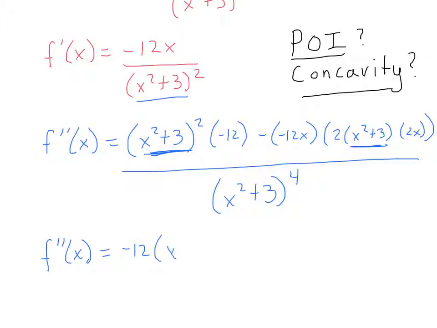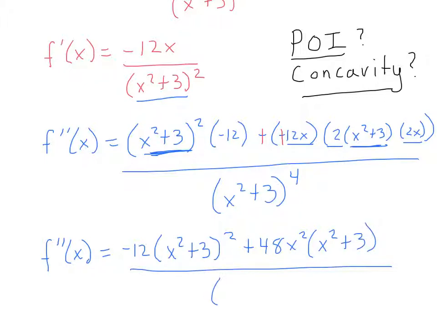Let's write (x squared plus 3) squared. These two negatives right here make a positive. Okay. And so I have 12x times 2 times 2x. That's 24, 48. 48x squared times (x squared plus 3), and that's all over (x squared plus 3) to the 4th power.